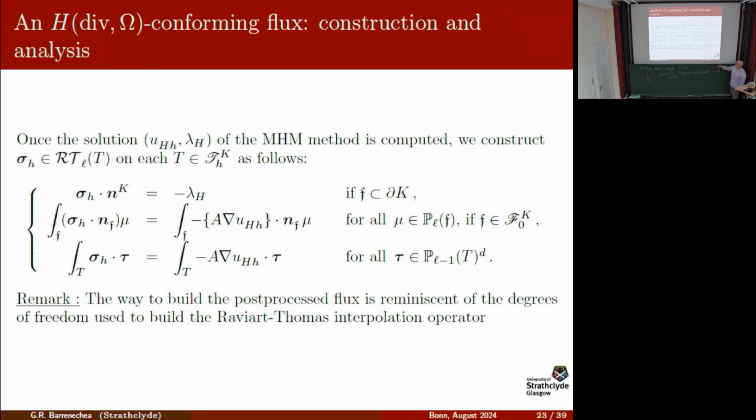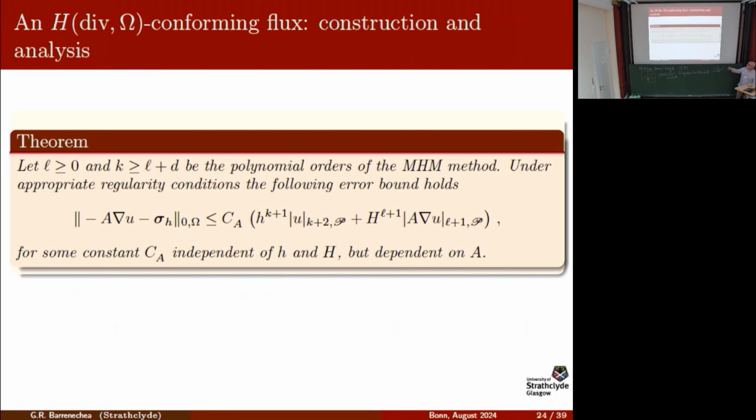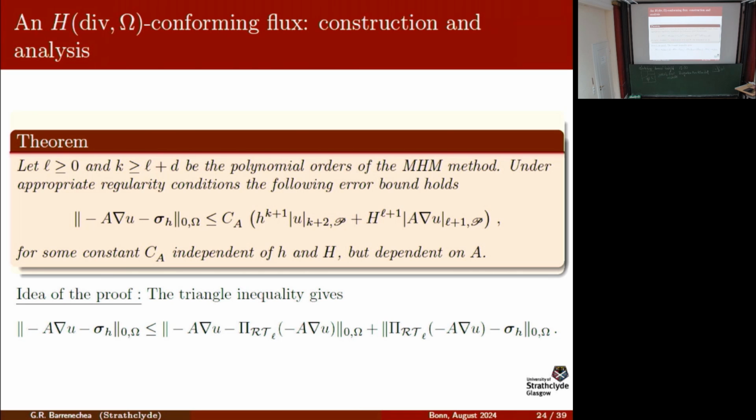Proving that this converges optimally, preserving at least the same convergence as the original solution, is not easy, it's fairly technical actually, but the main point is that we were able to prove that this is not far off from the Raviart-Thomas interpolant of the original A grad u flux, okay?